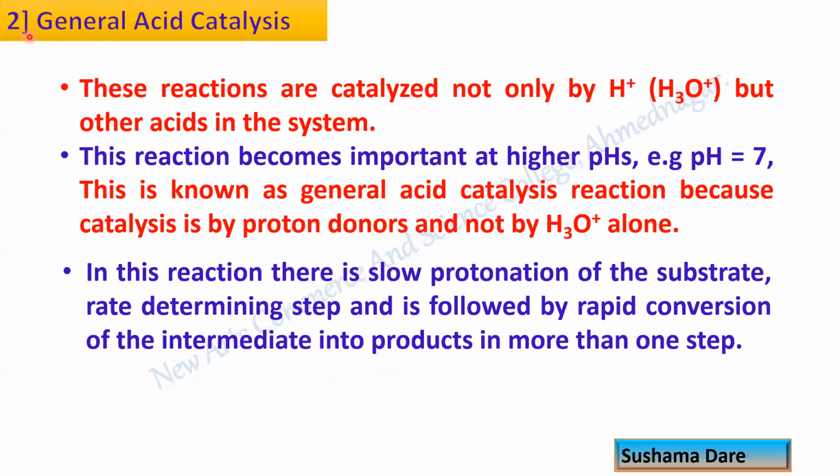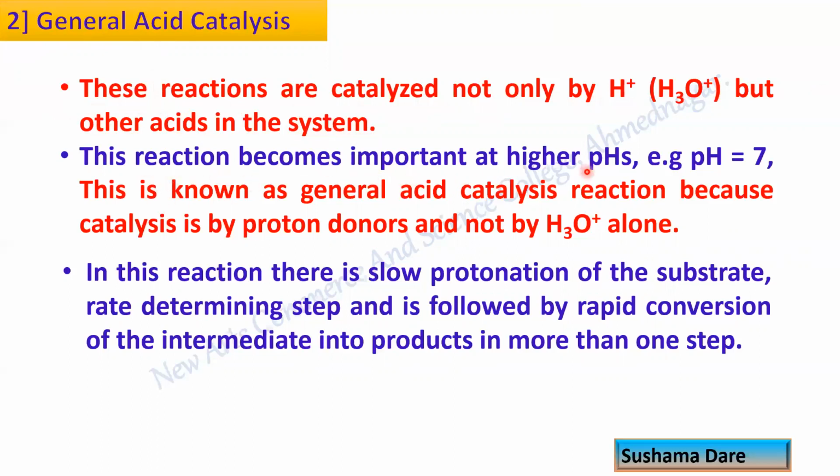Now the second point is general acid catalysis reaction. In the previous one, the specific acid catalysis reaction, the reaction is influenced by only one type of acid group, that is H+ in aqueous media. But here these reactions are catalyzed not only by H+ in aqueous media but by other acids in the system.